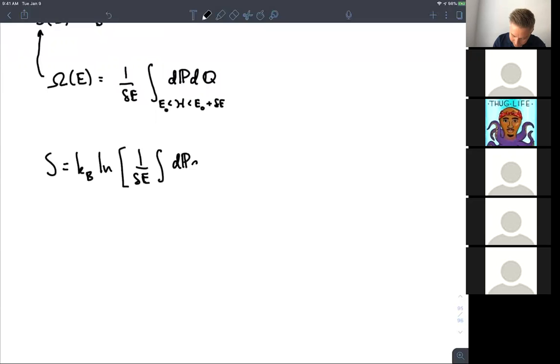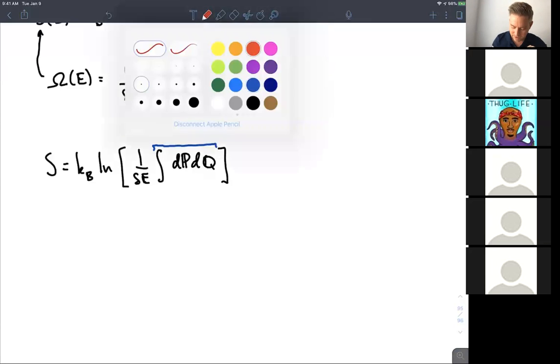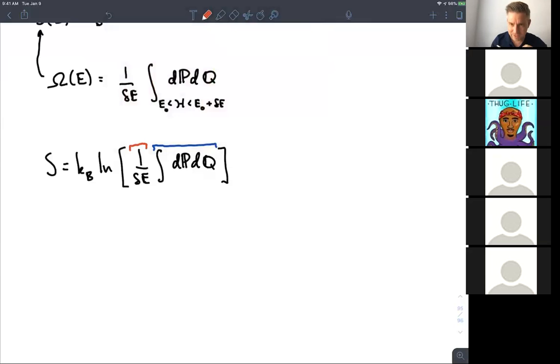And I'm going to neglect writing the limits because you guys already appreciate the limits, okay? So now what we have here is a product of two things. We have an integral over our momentum and spatial coordinates that characterize our system. And we have essentially a meaningless variation in the energy, which we're going to let go to zero eventually anyway.